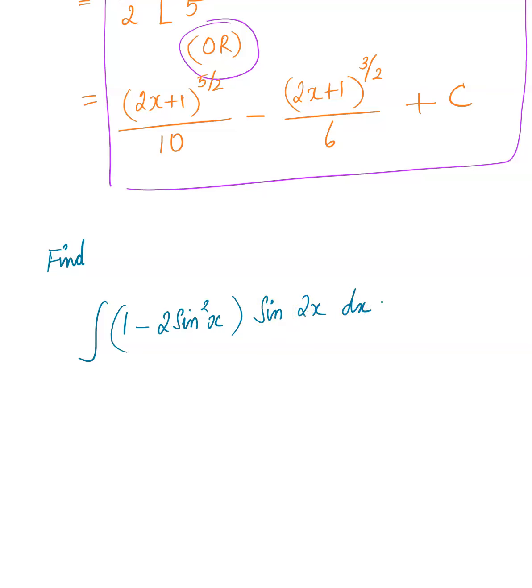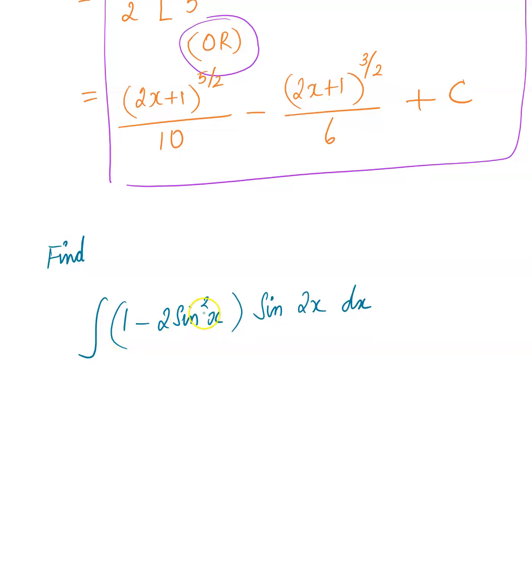Look at this. Now, in this case, one of our challenges is that you have this sine 2x, right? That's like a double angle there. It is a double angle. Then you have 1 minus 2 sine squared x.